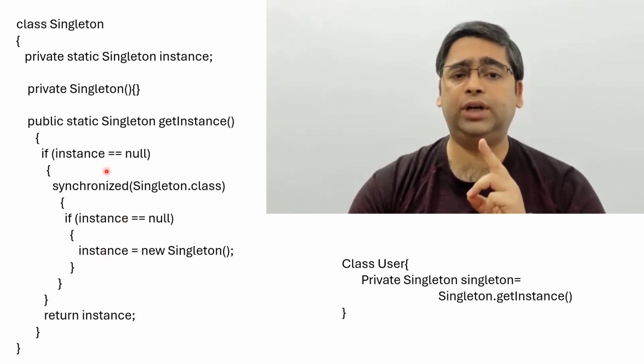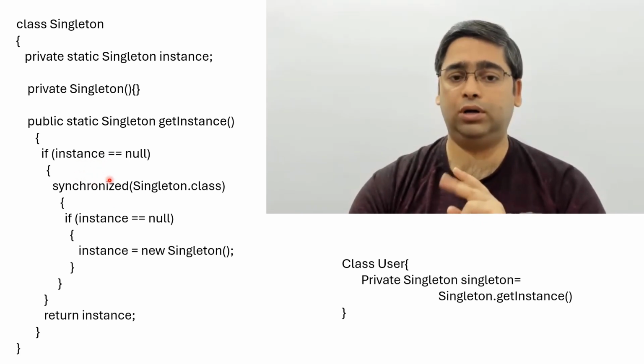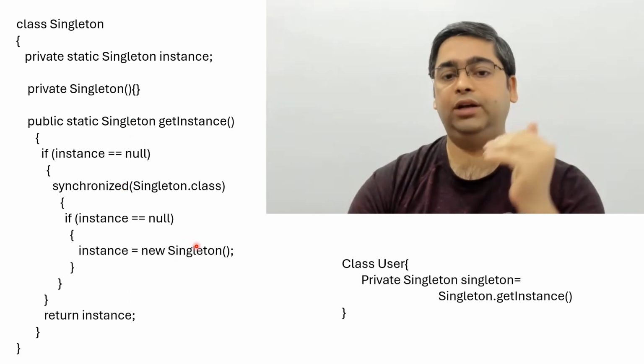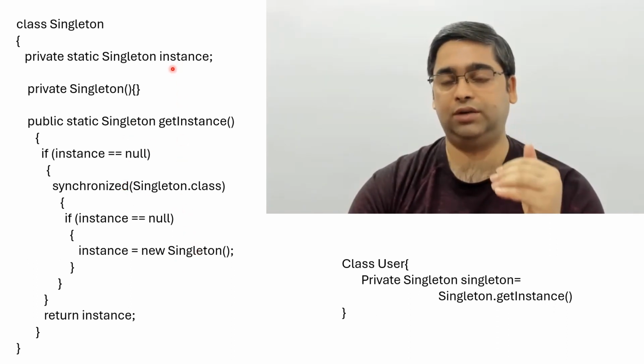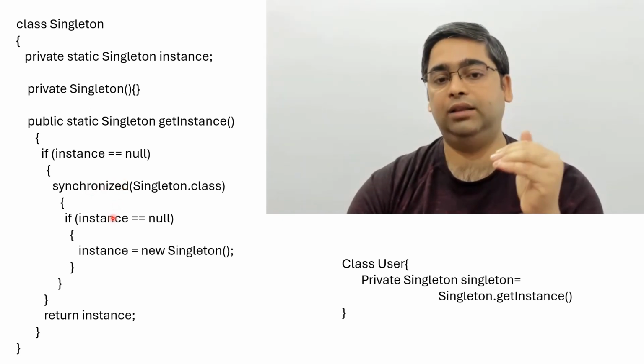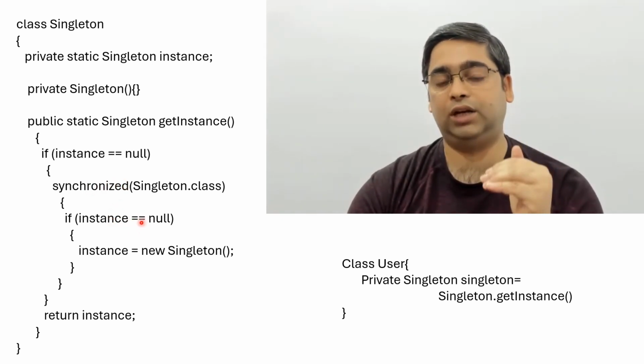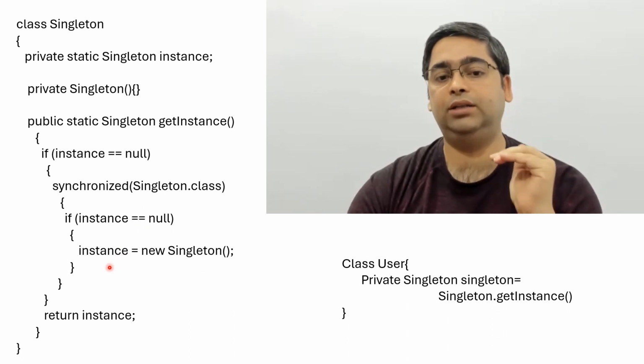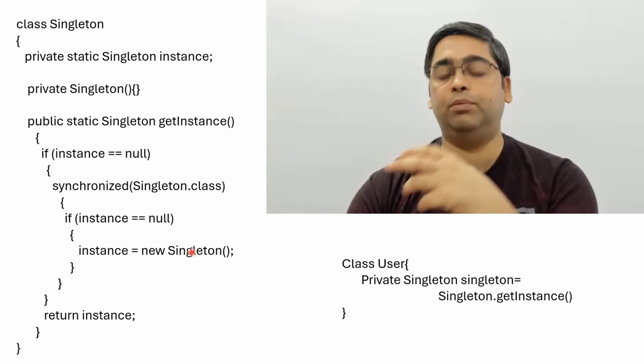Let's suppose two threads entered inside this if block. The first one created a singleton object and now it is referring to the singleton object through this instance reference variable. If the second thread entered after it and this instance equal to null check was not there, then what would happen is this instance variable will get overwritten by a new object.